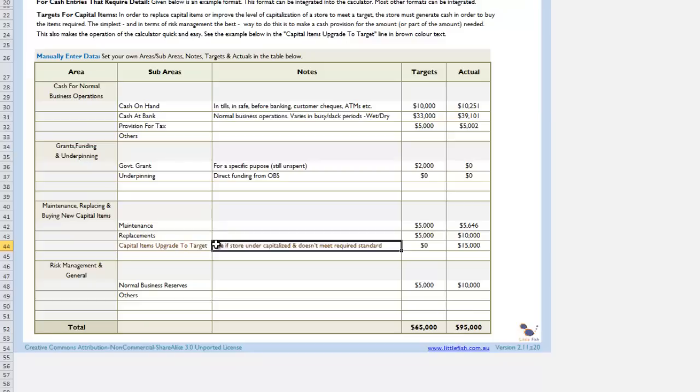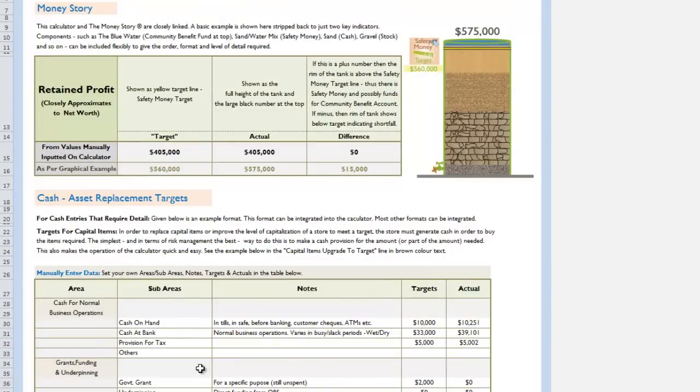It's really up to you. If a store doesn't have the required capital items, well, you're going to have to pay cash, or somebody's going to have to pay cash to buy those items. And it makes real sense to put it in the highest risk management area. You can put all the money or some of the money. It really is up to you how you do that sort of estimation or provisioning.